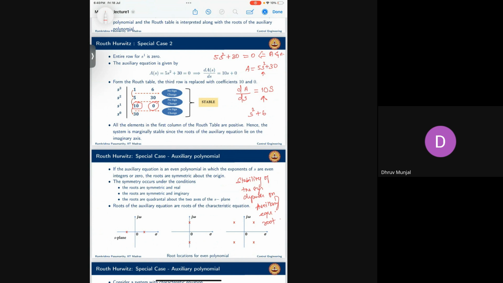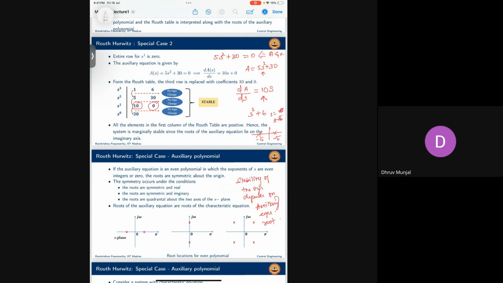So s will be plus or minus root 6. So it is a complex pole pair. It is not a single pole, it's a complex pole pair, plus root 6 and minus root 6.